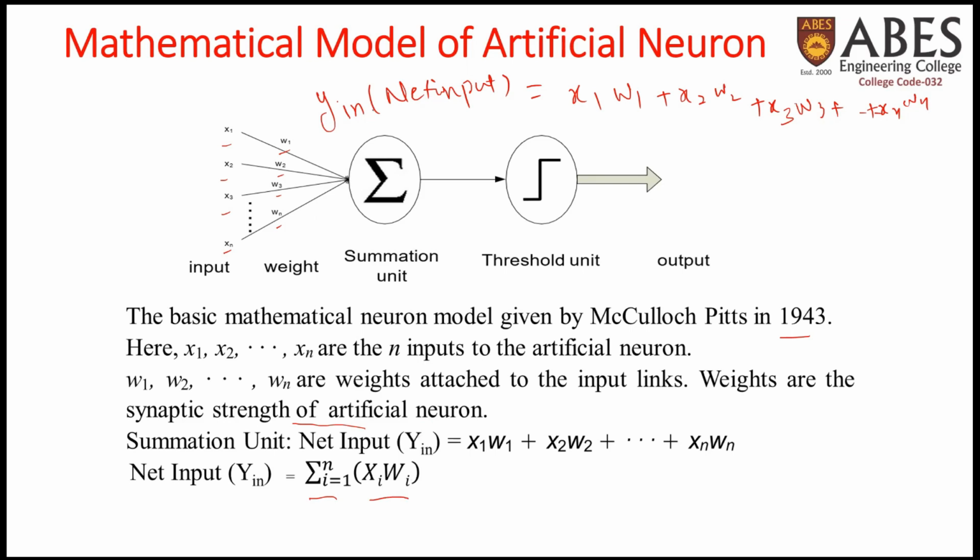If there is a bias attached to this summation unit, the bias has an impact on the net input, and the value of the bias is always 1. Then, to calculate the net input, we add this bias: yn equals b0 plus the summation of i equals 1 to n of xi wi.